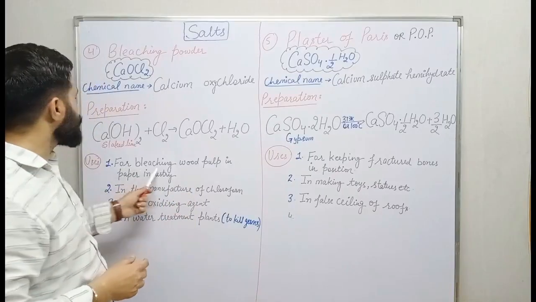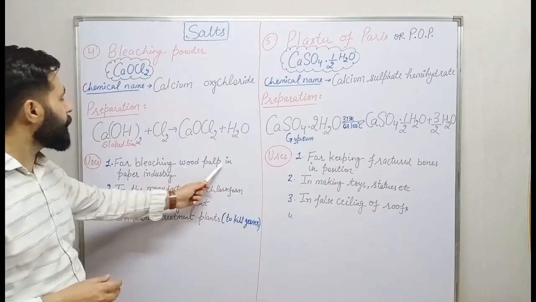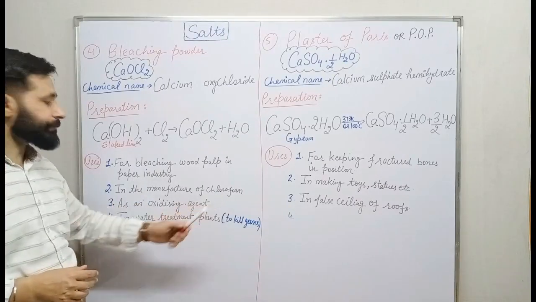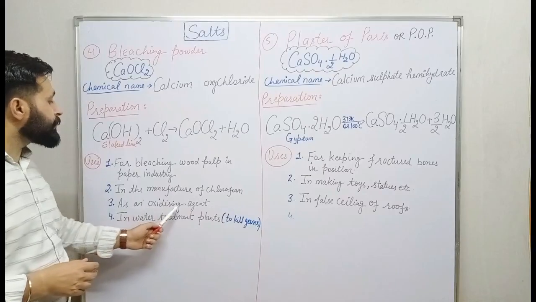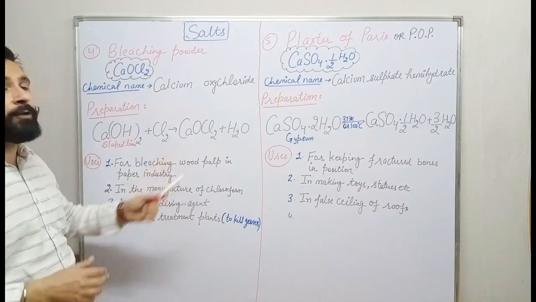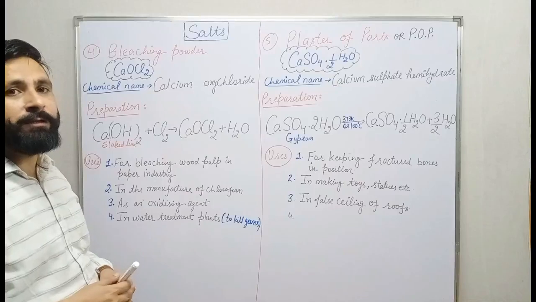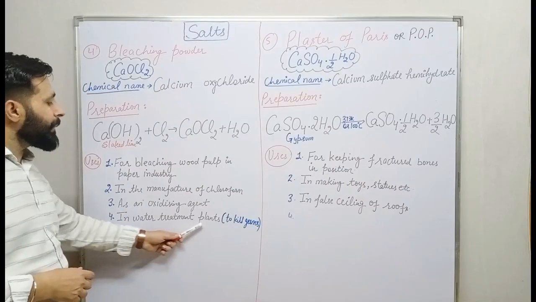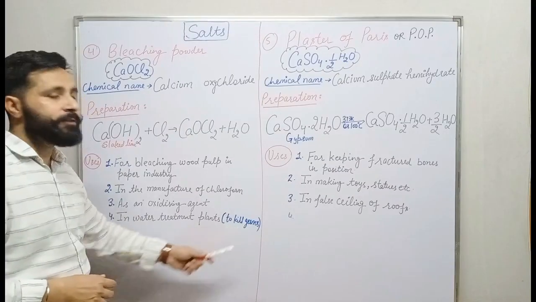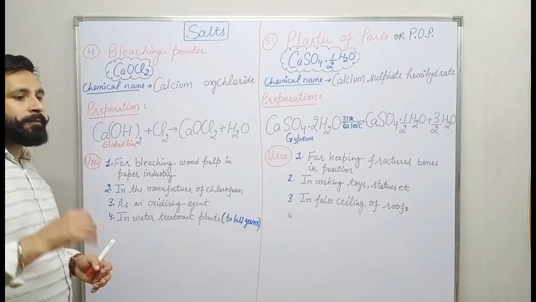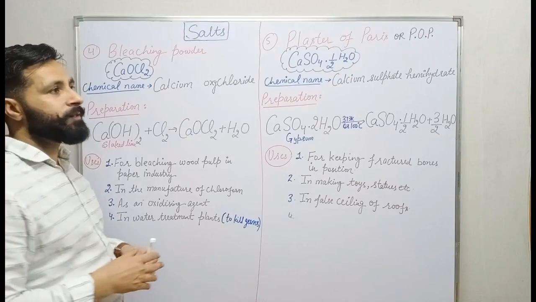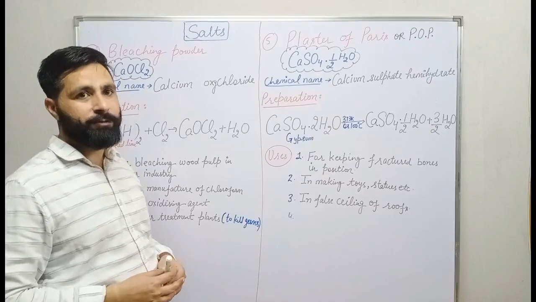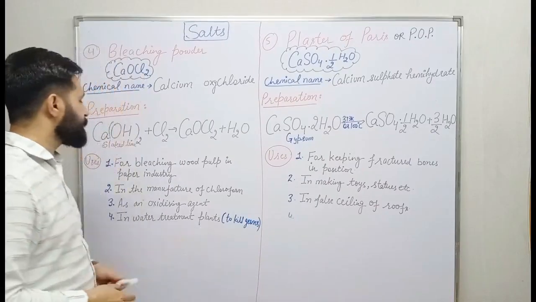In the manufacture of chloroform, as an oxidizing agent, it is a good oxidizing agent and used in laboratories also, industries also. In water treatment plants also, to kill germs. Sometimes the water coming at your home, you smell chlorine. It's bleaching powder used for killing germs.